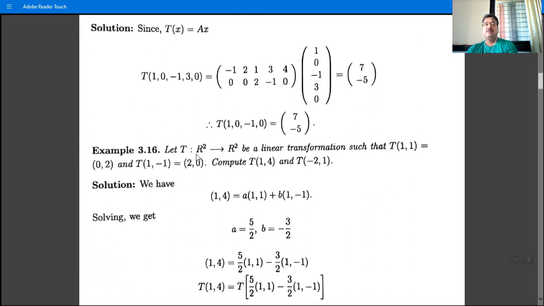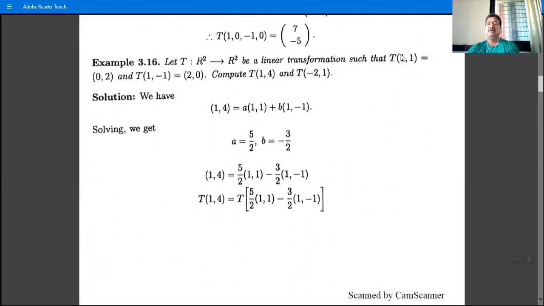Then let T from R2 to R2 be a linear transformation, and T(1, 1) is (0, 2), and T(1, -1) is (2, 0), and then compute T(1, 4) and T(-2, 1). The images of these two elements (1, 1) and (1, -1) are given, so we have to express (1, 4) as a linear combination of (1, 1) and (1, -1).